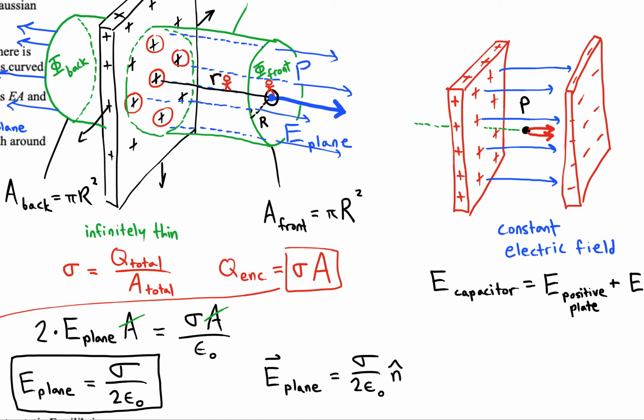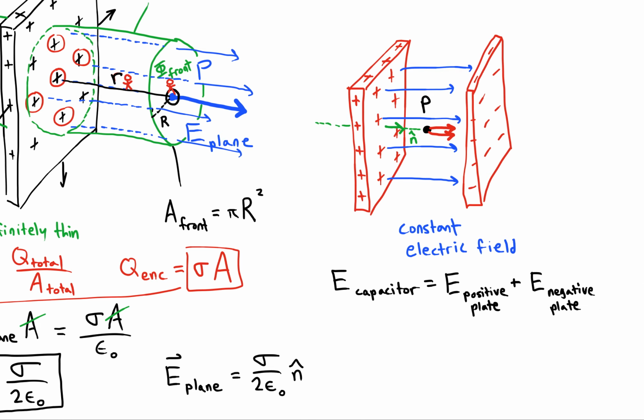That's what that says. So this is a picture of the n hat vector. Okay. So if we want to find our capacitor field as a vector, we should add the two fields together.